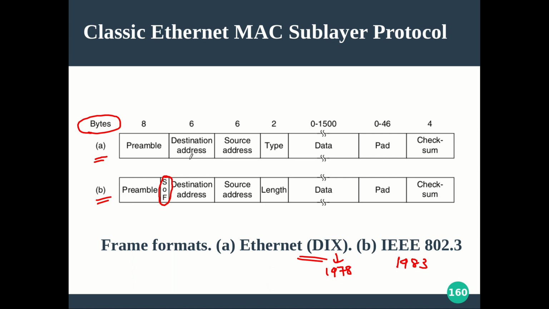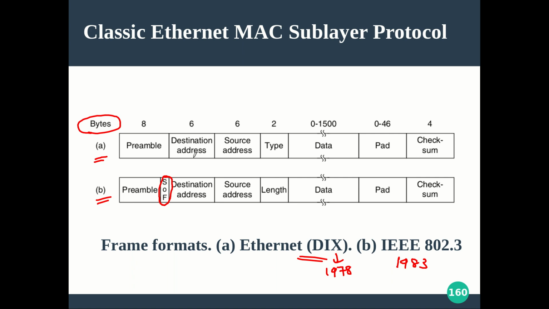Then the destination address is there, followed by the source address. Why does the destination address come first? Because whenever a frame is coming, the preamble helps with synchronization. Once the destination machine has synchronized with the start of a new frame, it immediately reads and checks whether the frame is destined for it or not.